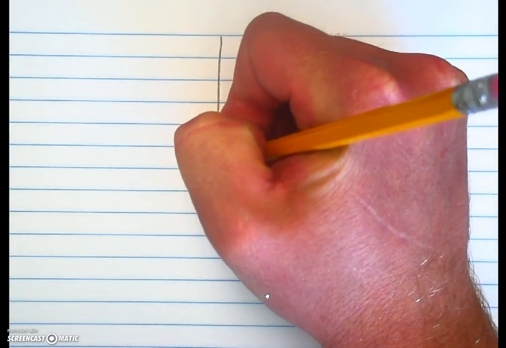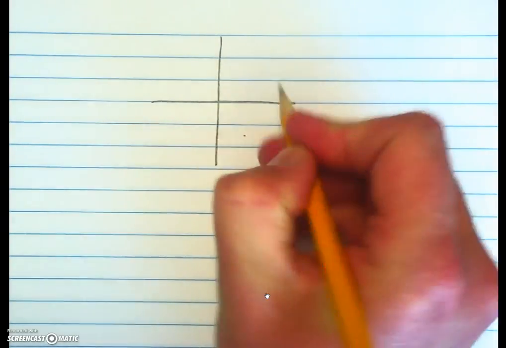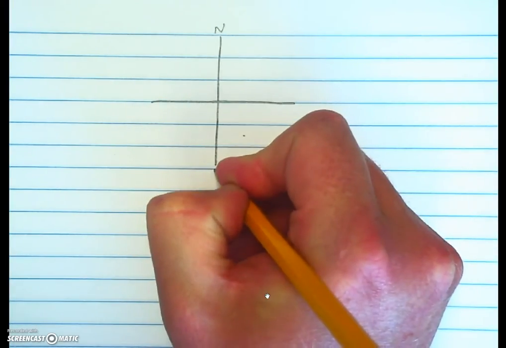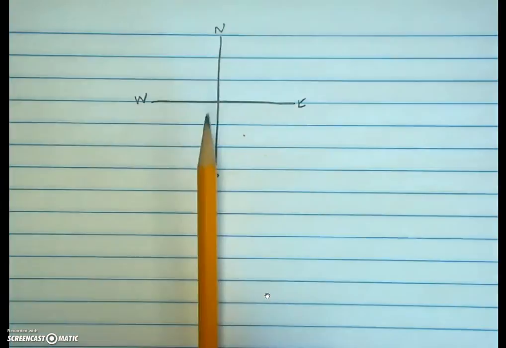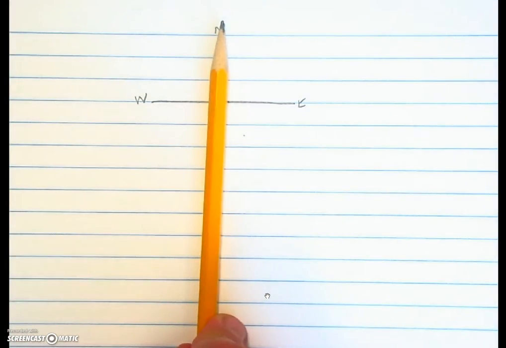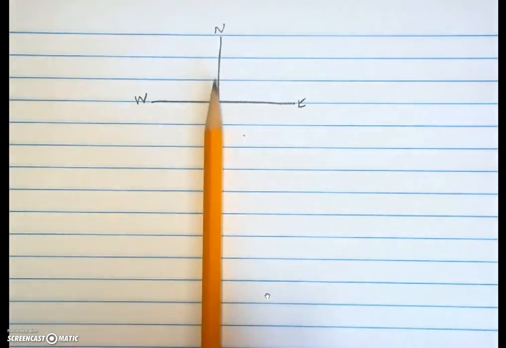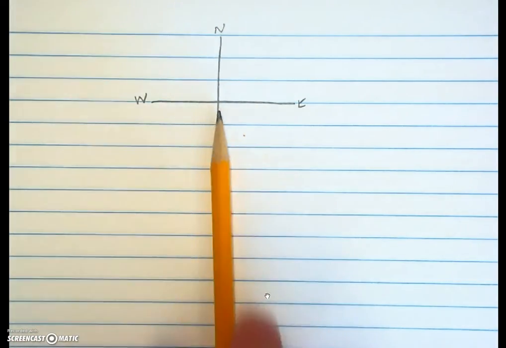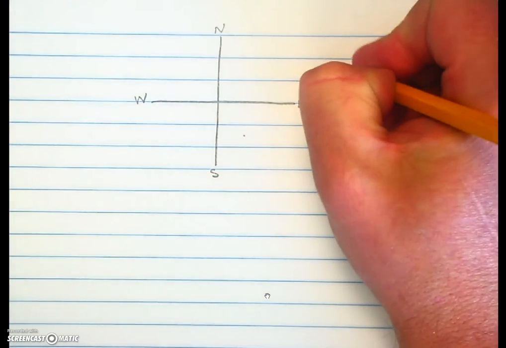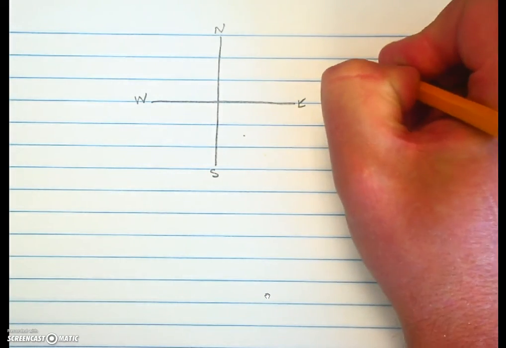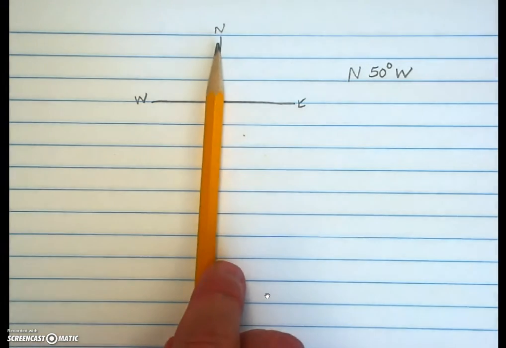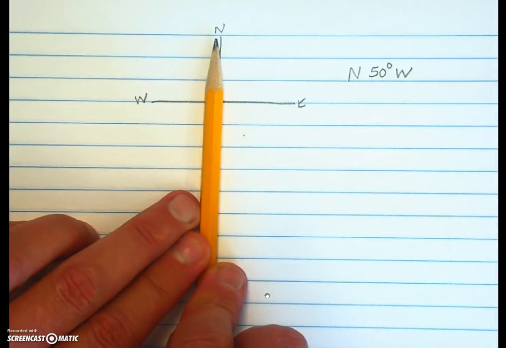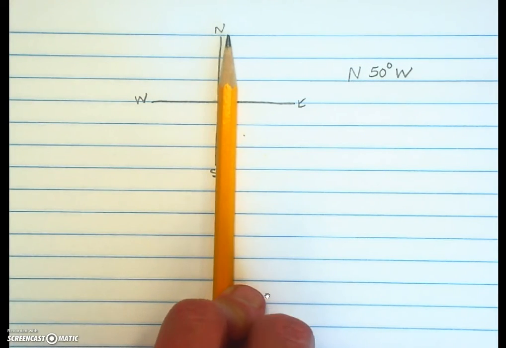When you do a bearings problem, you have to draw your cardinal directions, so north, south, east, and west. Whenever you do a bearings problem, everything works off of the north-south line, the vertical line. So in this problem, when I say north 50 degrees west, what that means is I start on the north line, and then I rotate 50 degrees towards the west.